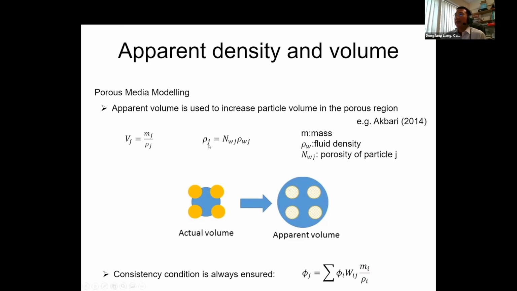So the density gradually decreases from 1,000 in the pure fluid region to about 500 in the porous medium, depending on the value of the porosity. So the consistency condition in SPH is still maintained inside the porous medium as the particle becomes sparser, but the volume becomes increased.